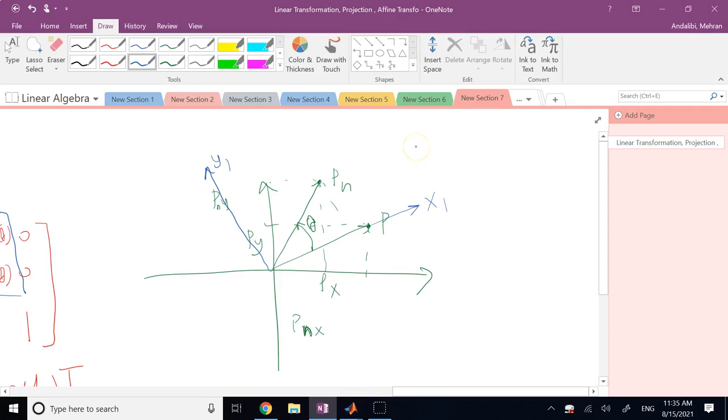Or maybe I can consider the original frame, but I allow it to rotate. So if this is x old and y old, I allow this frame to rotate as much as theta did. So now it comes to somewhere like here.